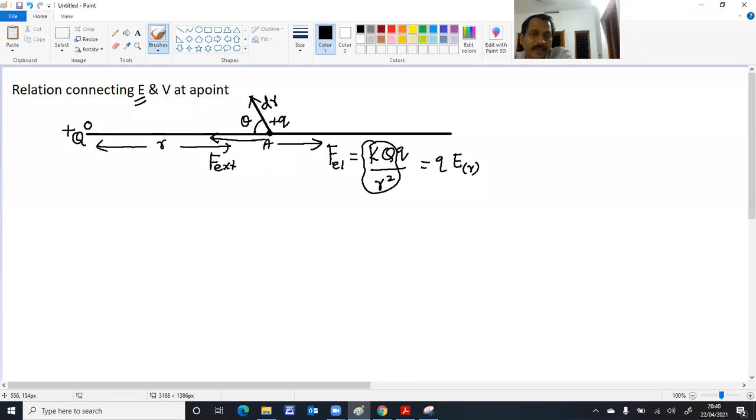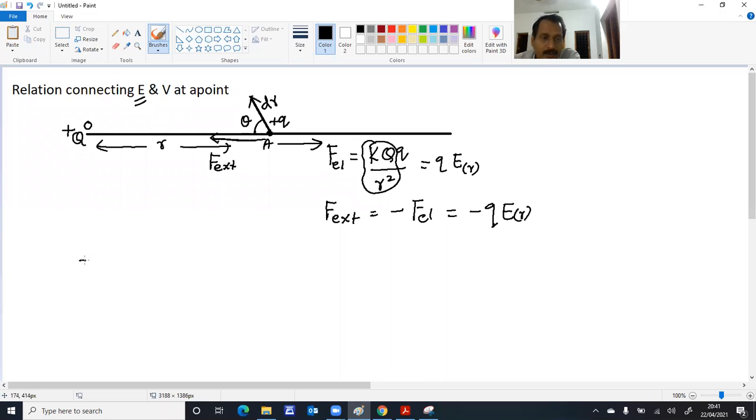This is the direction of the external force to counter the electrostatic force. So F external equals minus F electric, equals minus QE. This is all we did in the last topic for the potential, but all I'm changing is KQ by R square as E because our aim is to get that.